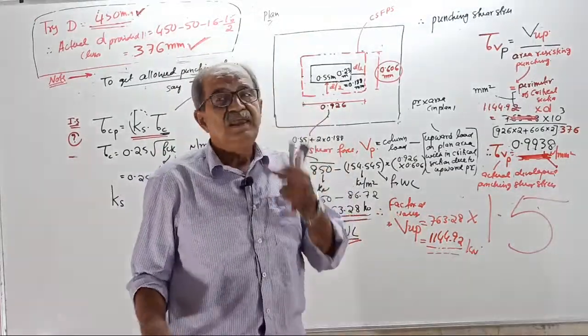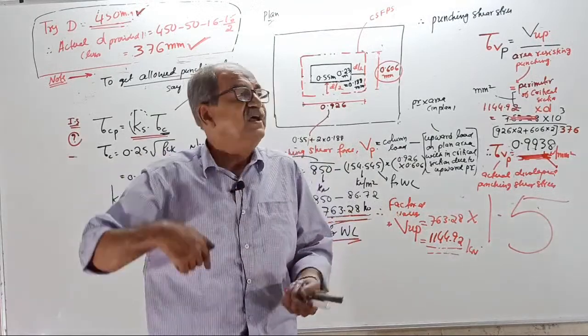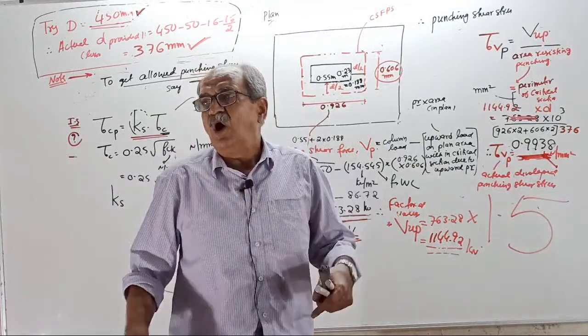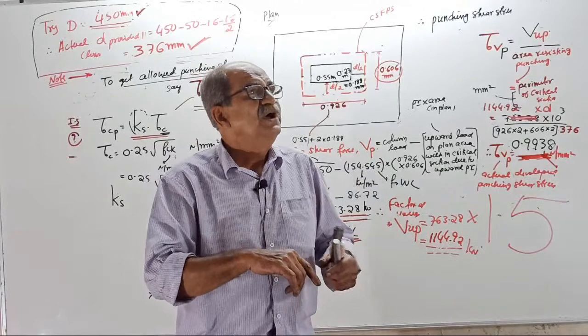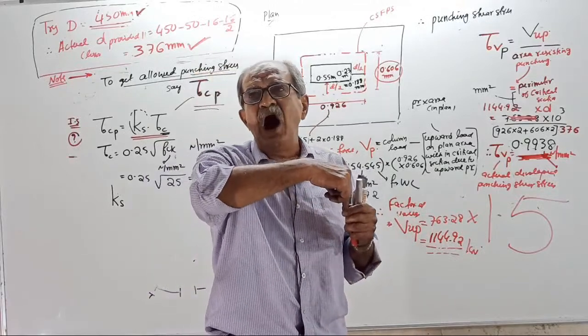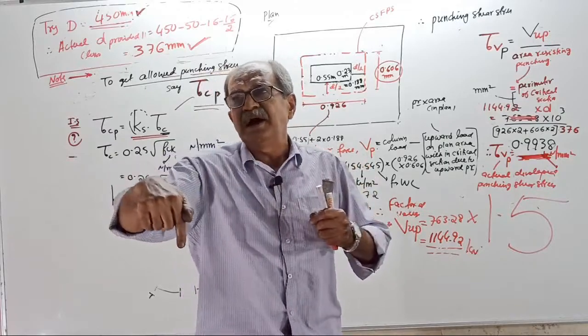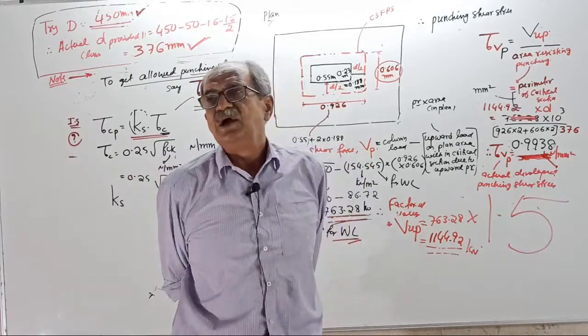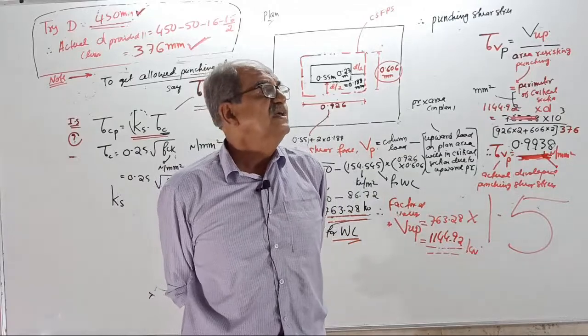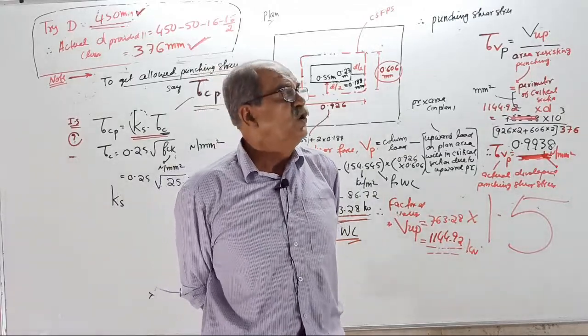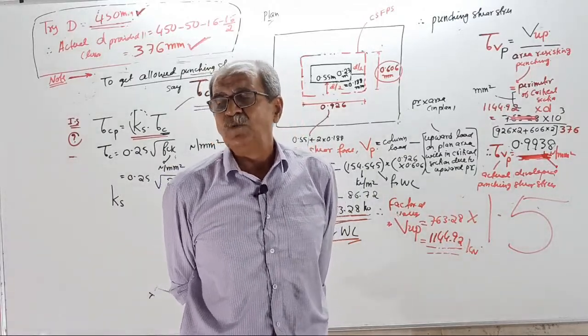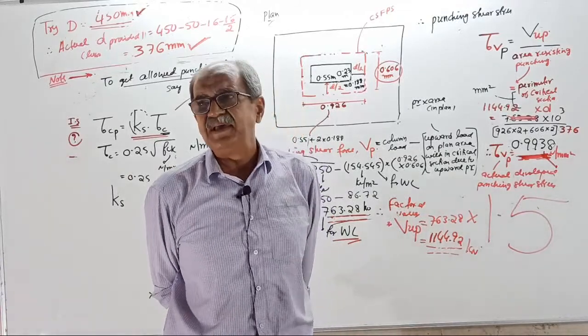If the column is square or circular or rectangular with one side not too much longer compared to the shorter side, maybe 200 by 400, 300 by 500, 250 by 450 or 300 by 600.